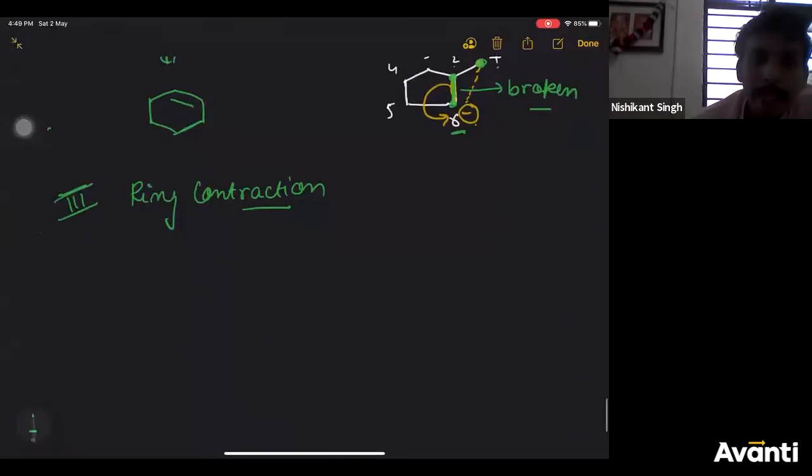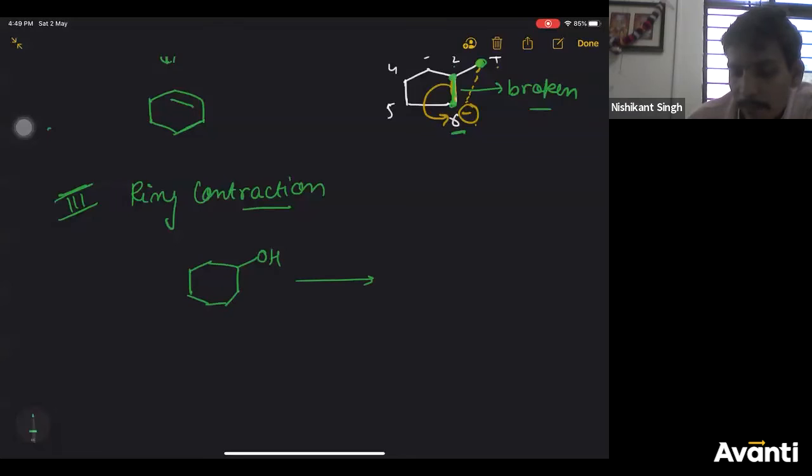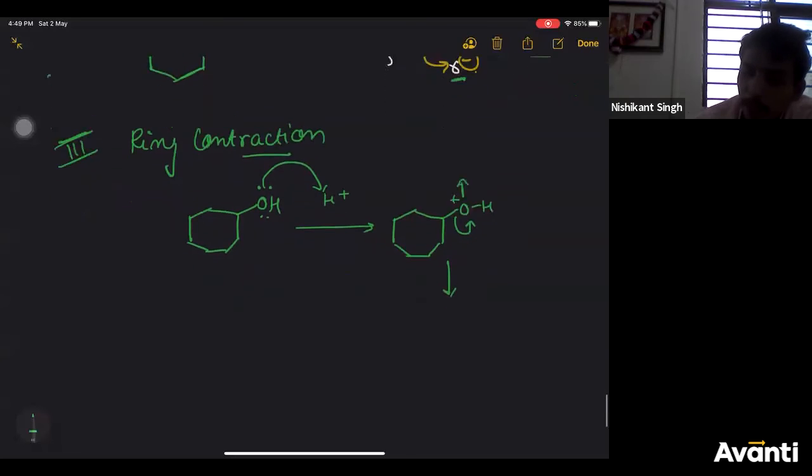Yes, let's take an example of ring contraction. Let us take a seven-membered ring and OH here. First step, again the same, concentrated H2SO4, OH will get protonated, so that you get OH2 plus, which will lose a molecule of water, so that you get a carbocation like this.